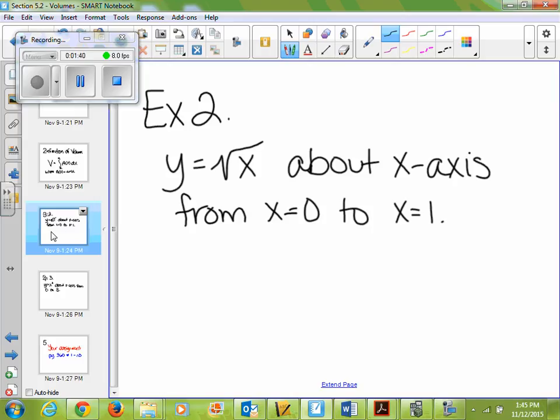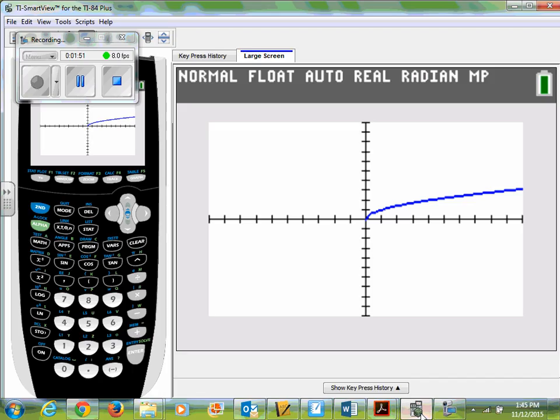First thing you have to do is figure out what shape you're going to make if you rotate the graph y equals the square root of x about the x-axis. And so I went ahead and graphed the square root of x. If you graph the square root of x, you get a graph that looks like that.